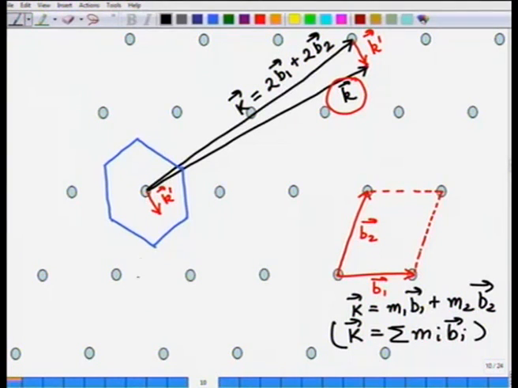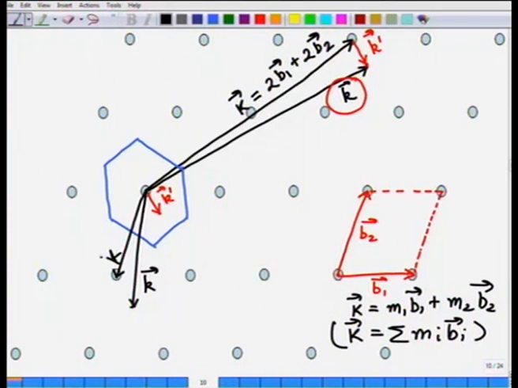Suppose you want to take somewhere here like this. Suppose this is your K vector, another K vector which is like this. This is your small K vector. So, in order to bring this into the first Brillouin zone, let me choose this as my capital K vector.